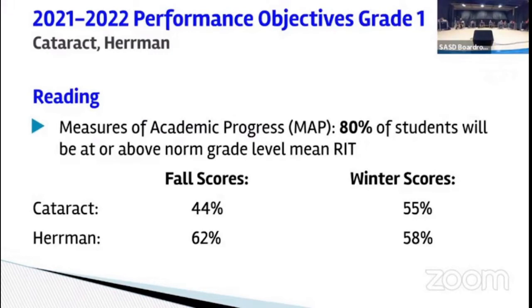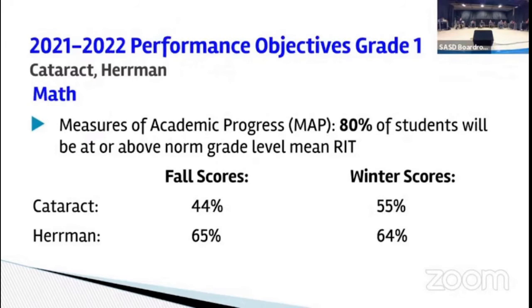For reading in grades 1, 2, and 3, it's the same goal. Measures of Academic Progress, MAP data: 80% of students will be at or above the norm grade level mean RIT score. You can see our fall and winter scores for Cataract and Herman. Math, same objective: 80% of students will be at or above that norm grade level mean RIT score.